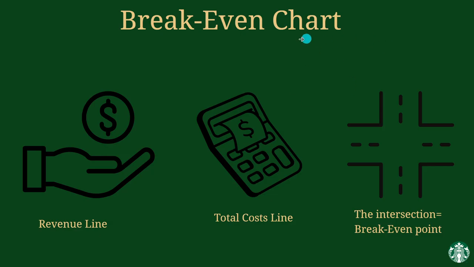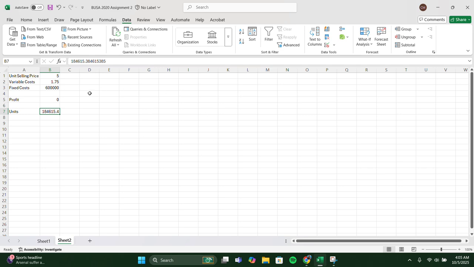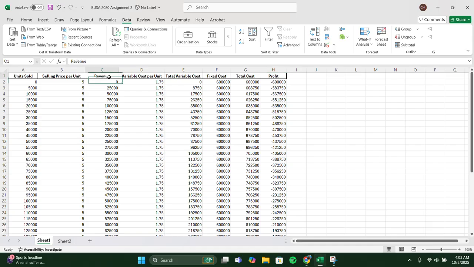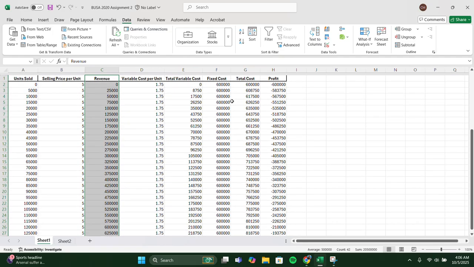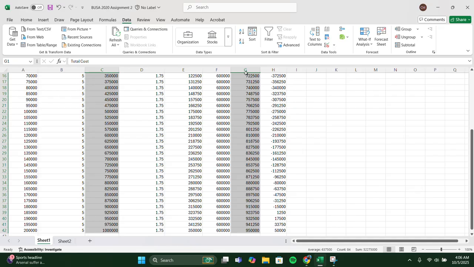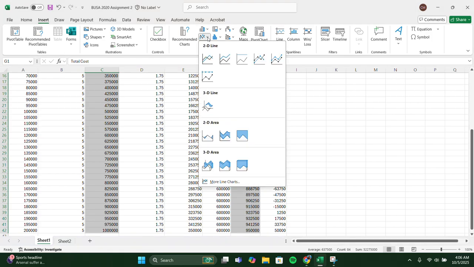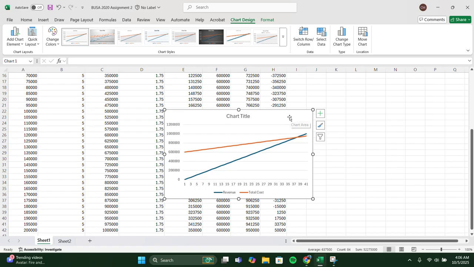Now let's visualize this with a break-even chart, which we can find in Sheet 1. If we select all the revenue and total cost, go to Insert, we can get a 2D line chart.